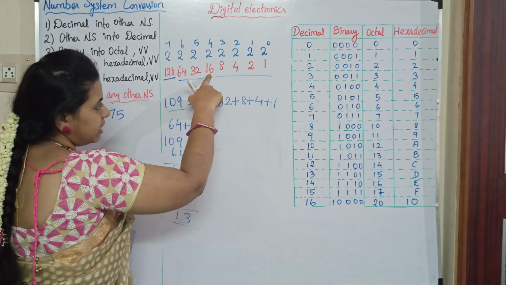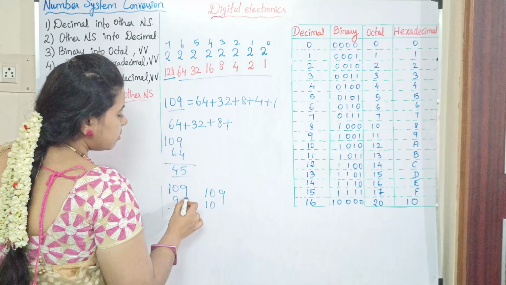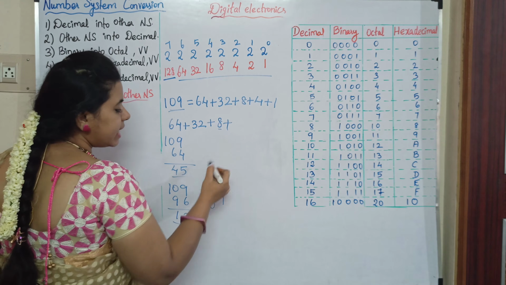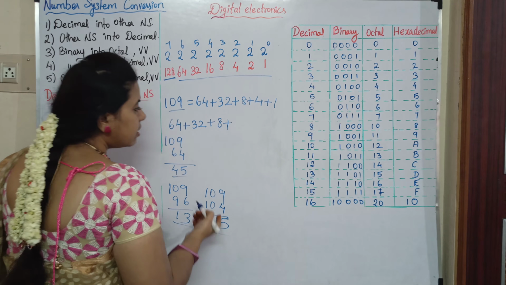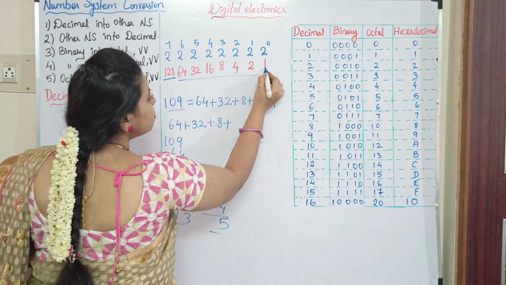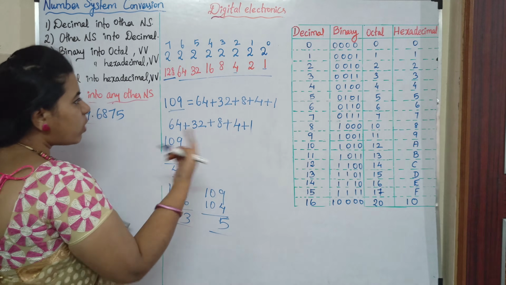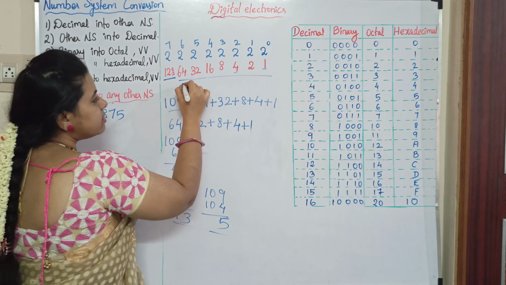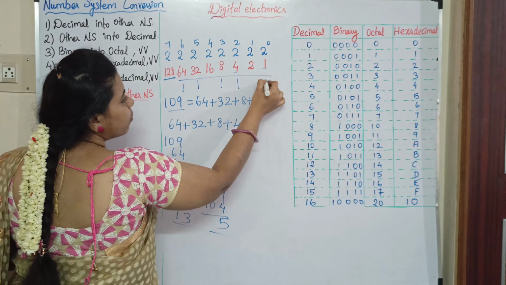So I am not considering 16. I am considering 8. So 96 plus 8 is equal to 104, and the remainder is 5. To get the value 5, I am going to add 4 plus 1. So here what are all the values you have taken? 64, 32, 8, 4, 1.